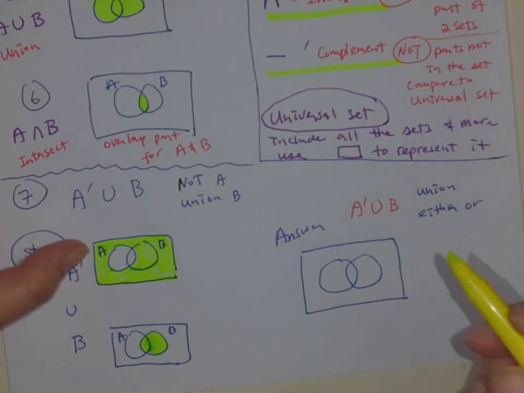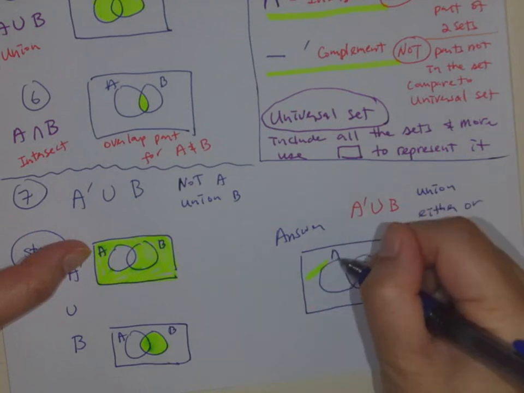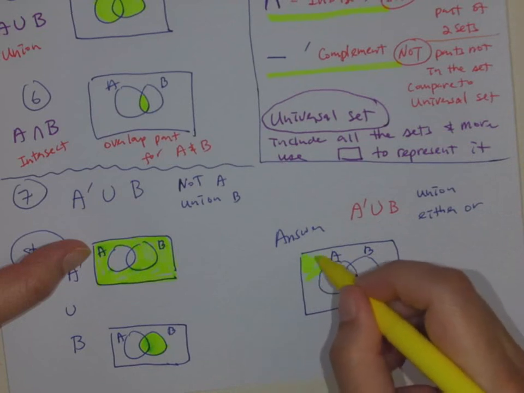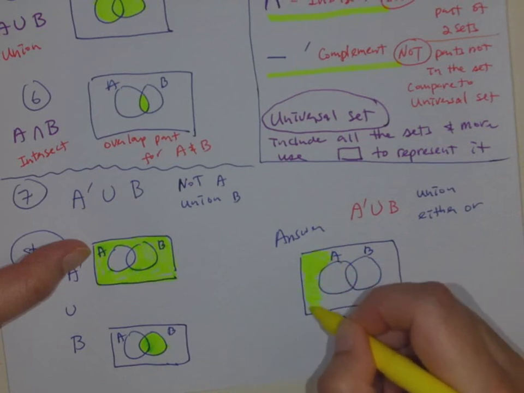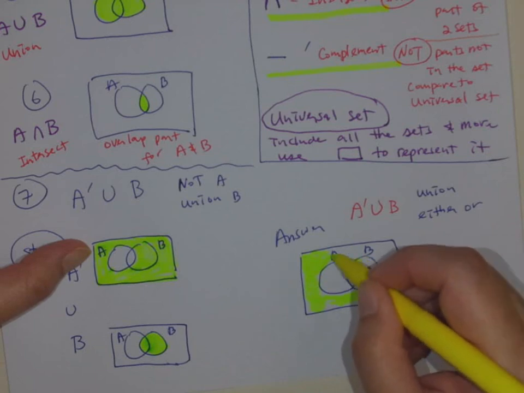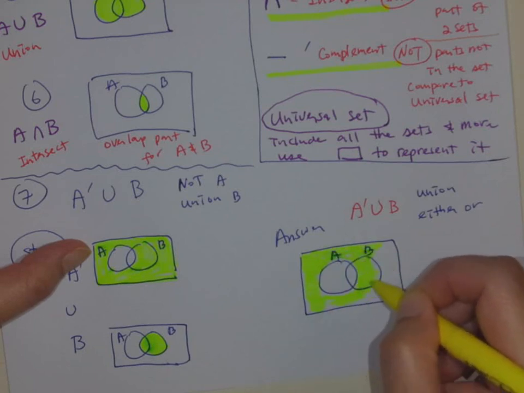So I could start with my first picture. I should label A and B. So I have this here. And then I'm supposed to combine with the second part.